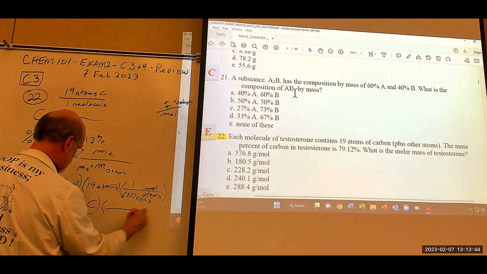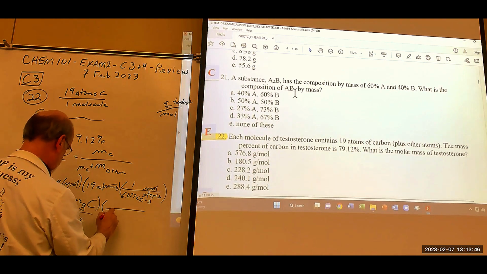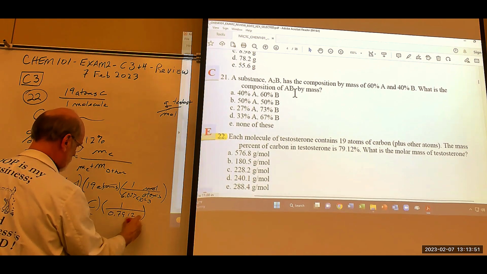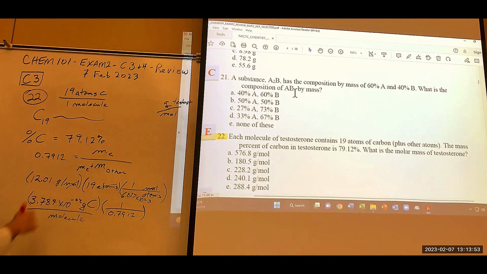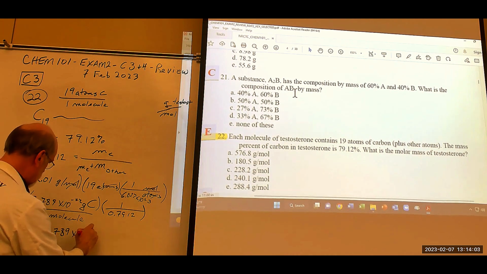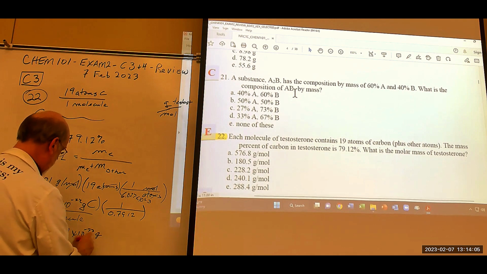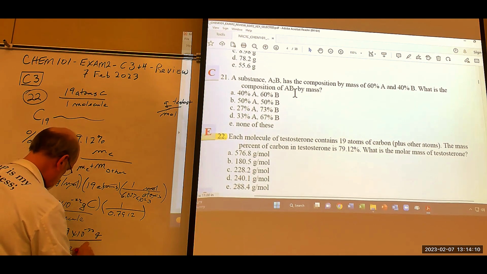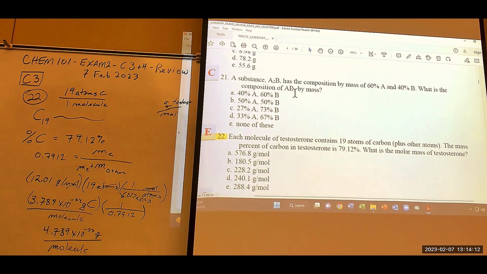So if this is 0.7912 of the total, divide that into that, and you get 4.789 times 10 to the minus 22 grams per molecule. Okay, now we've got something we can work with.